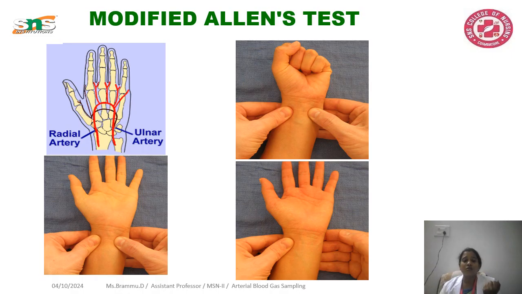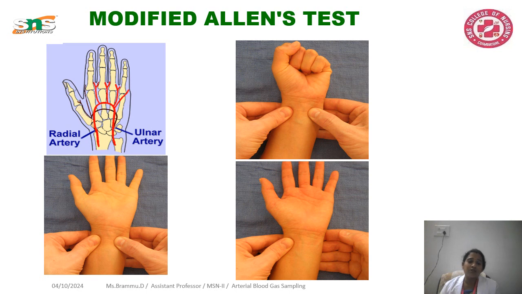After 10 times of closing and opening of the wrist, pressure is immediately placed on the radial and the ulnar artery, and initially we slowly release one of the arteries, that is the ulnar artery, and check for perfusion.